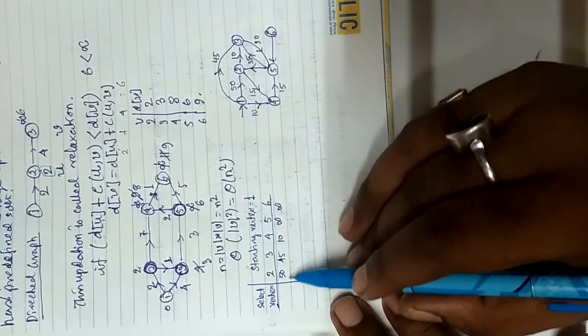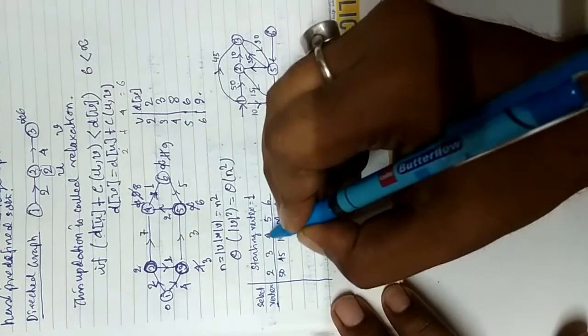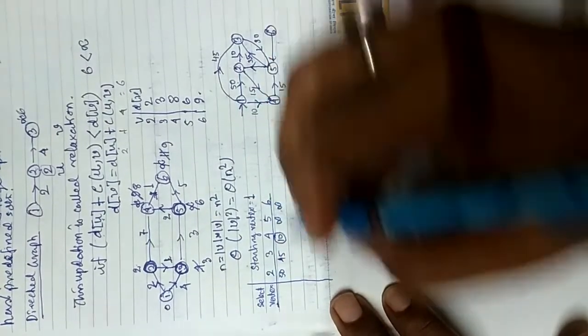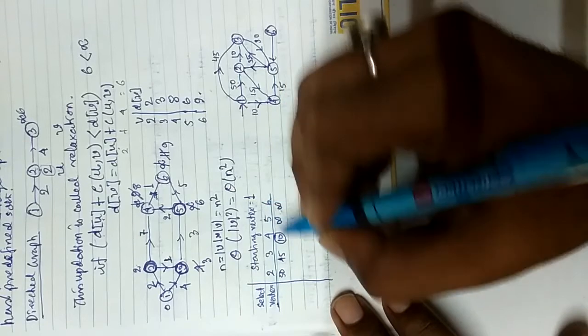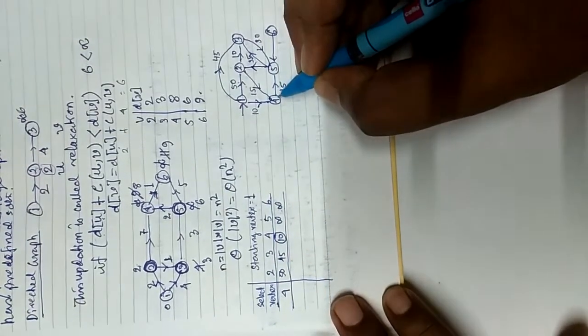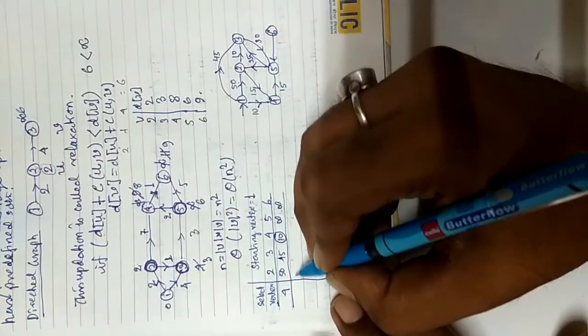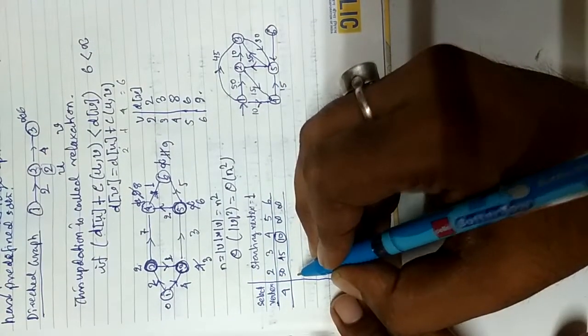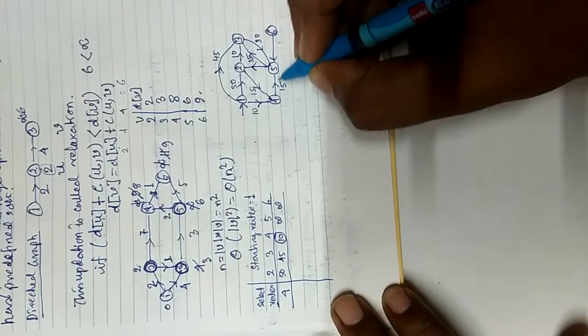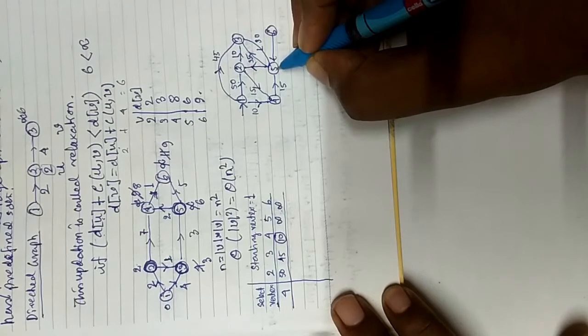Now see, among these values, what is the minimum? The minimum is this node 4. So we will select this. So the selected vertex after 1 is now 4. From 4 we will see where we can go. The only node we can go to is 5.